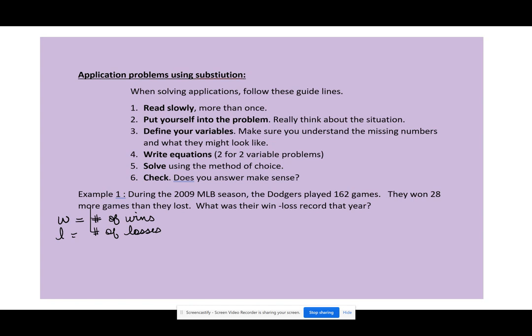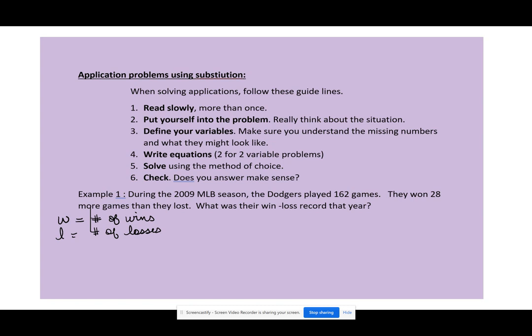You can use X and Y if you want to, but X and Y are generic. If you want to use X and Y, go for it, but make sure you write down which one is which, because when you get to the end of the problem and somebody asks you how many wins, you'll wonder, is that X or Y? So write it down at the beginning.